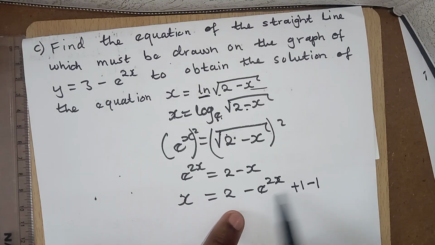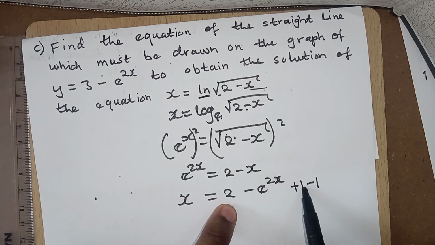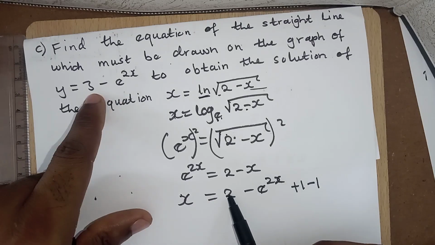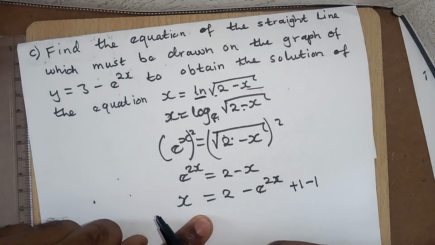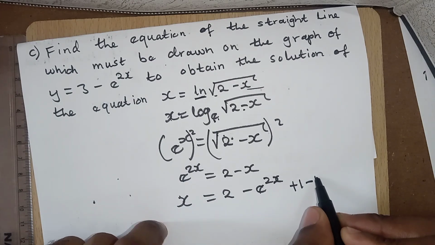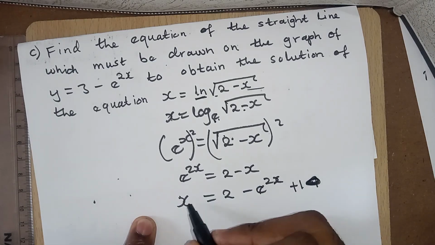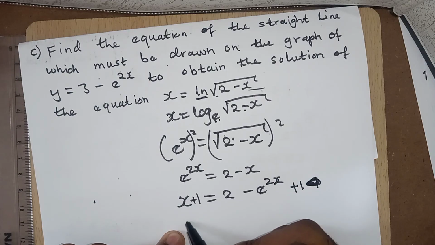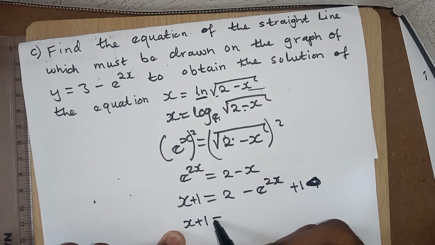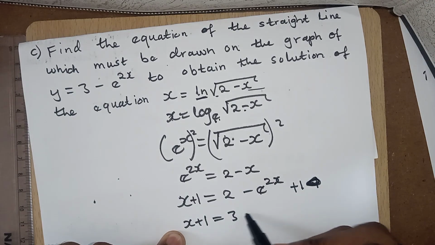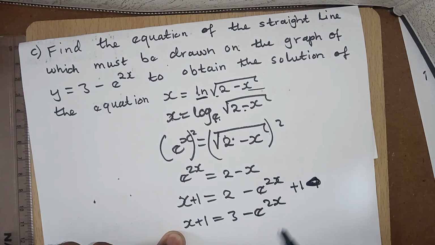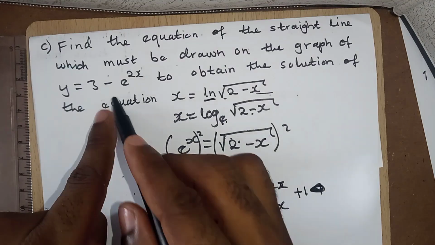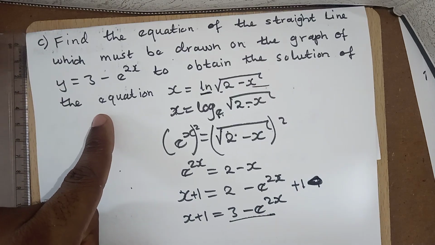So if you decide to do this, then this one will be added to this so that you get that, and then you can take the 1 to the other side. So this is what I'll do. I'll just add a 1 to both sides. So this one will be x plus 1, and then 1 plus 2 will be 3 minus e to the power 2x. So this is exactly what we want, as you can see.